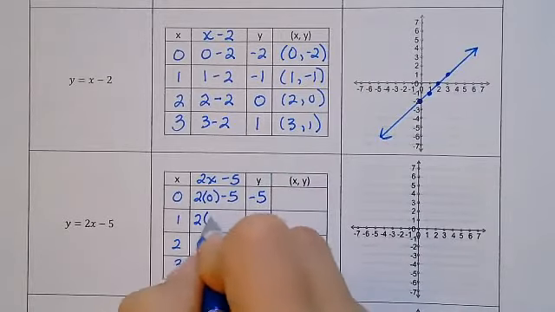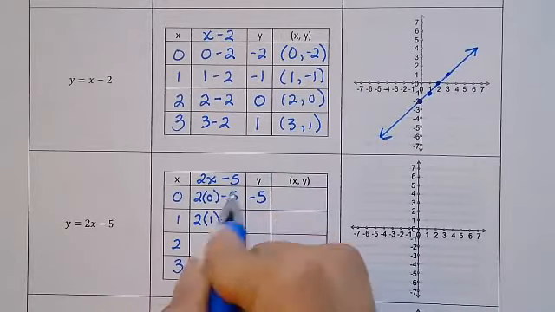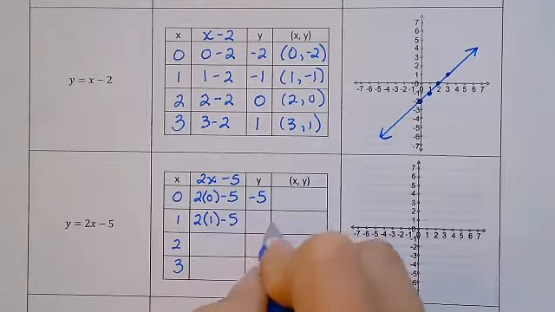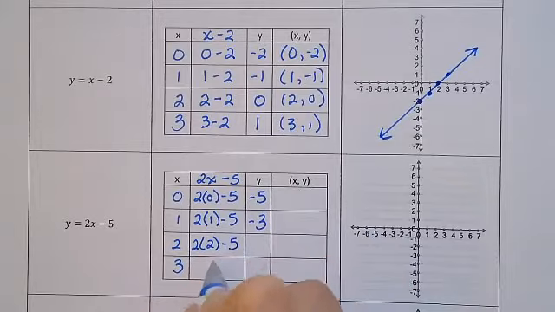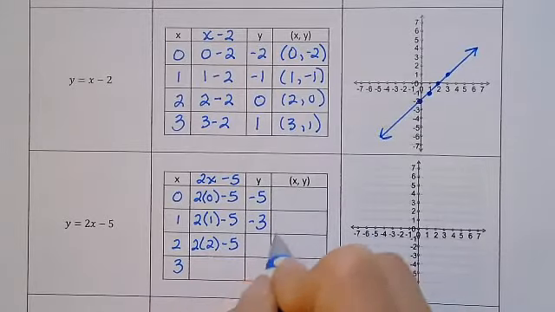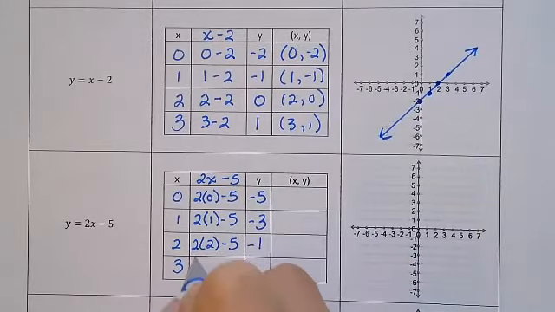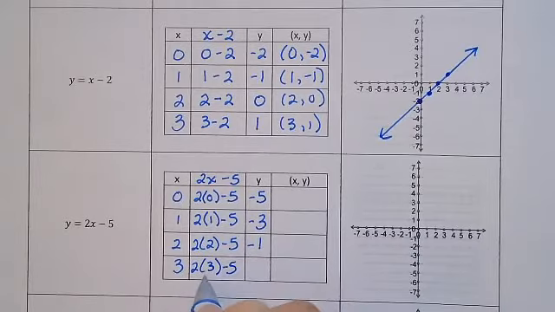Substitute 1. All right, 2 minus 5 is negative 3. Four minus 5, negative 1. And 6 minus 5 is 1.